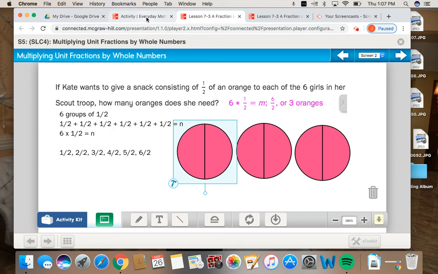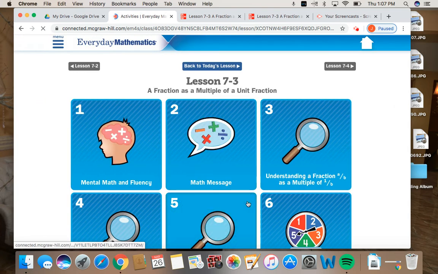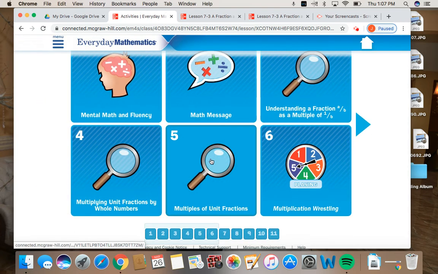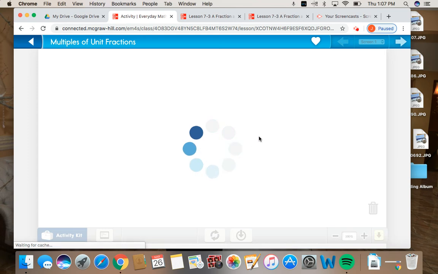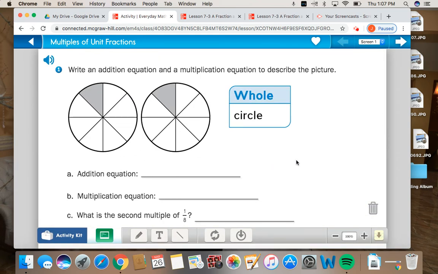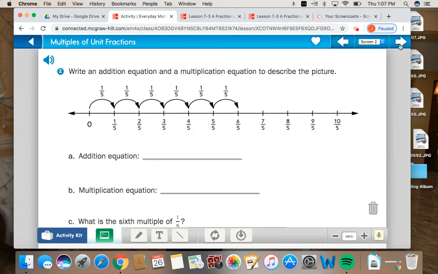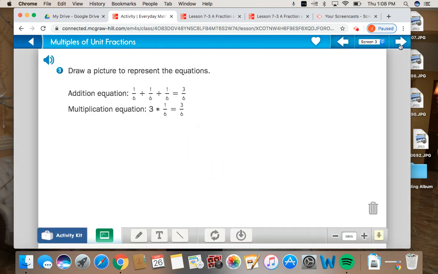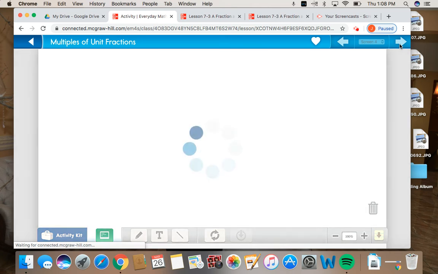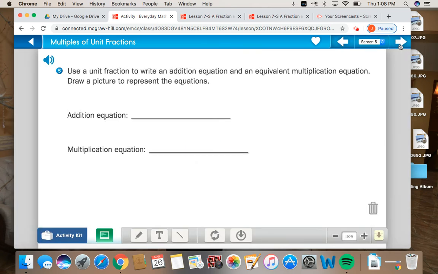You're going to see some number stories in your work today. So what I'd like you to do is go on back, and you can go to your slide 5. This is where you're going to see some of your work today. You can do it online like this. Here's one problem. You have 9 screens. You can do this in your journal if you have that. Here's number 2, number 3, 4, 5.